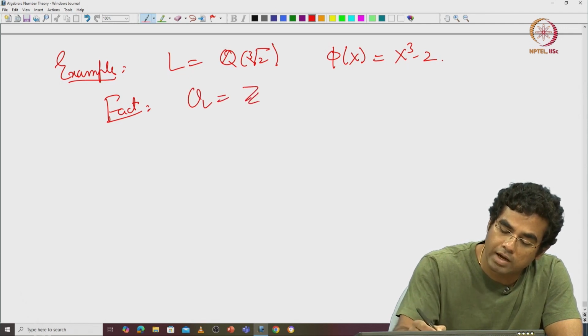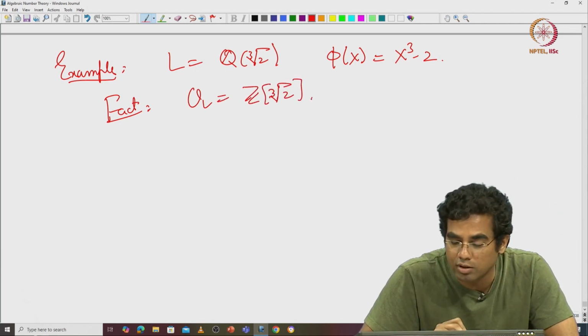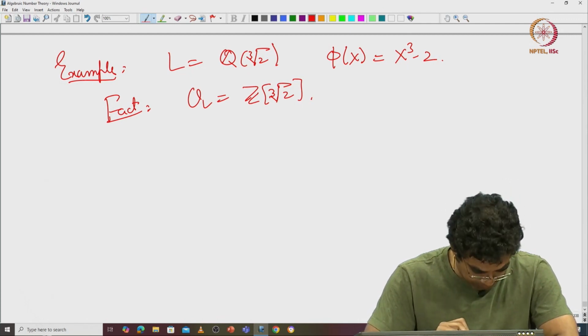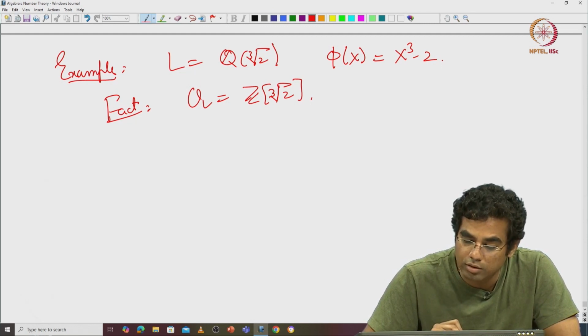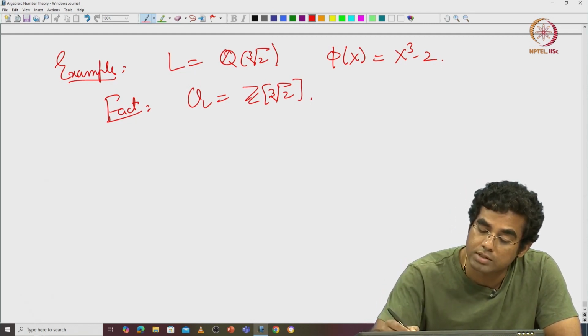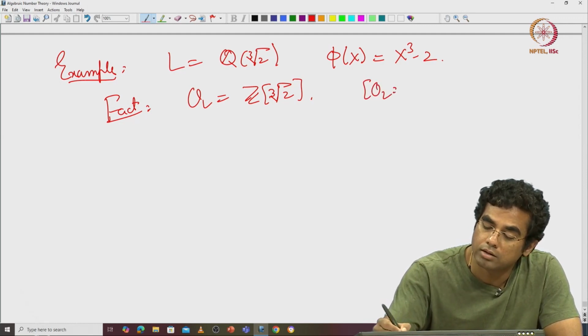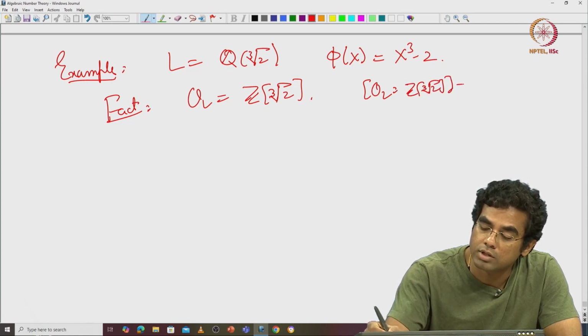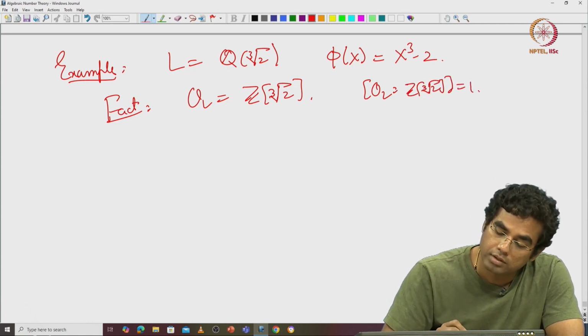O_L is Z[cube root of 2]. This is not entirely easy to prove, but one can prove this, and there is a lot of calculation involved, but let's assume this, and so the index of Z[cube root of 2] in O_L is 1, right.